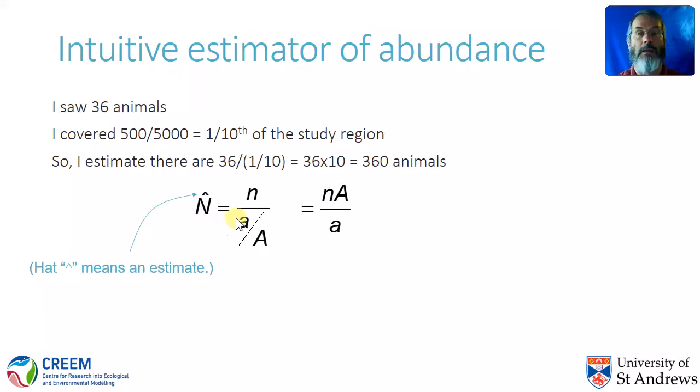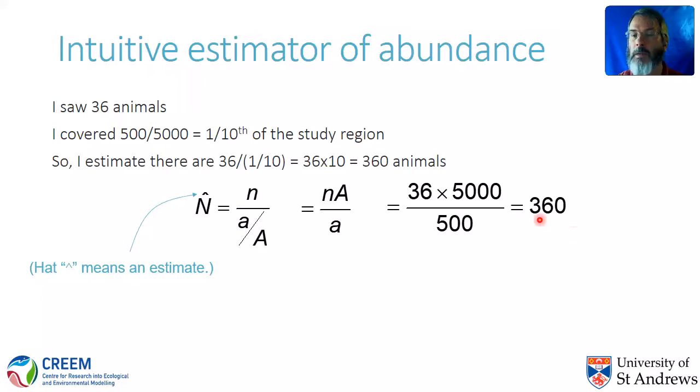We can rewrite this formula to say another way to express a formula for N hat is to say take the number that we counted, multiply it by the entire study area size, and then divide that product by the size of the study area that we visit.